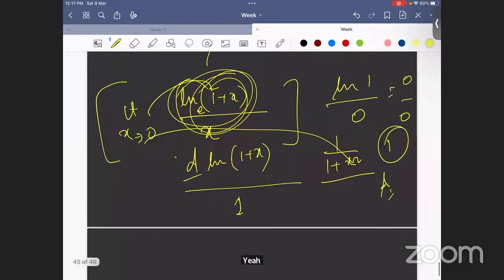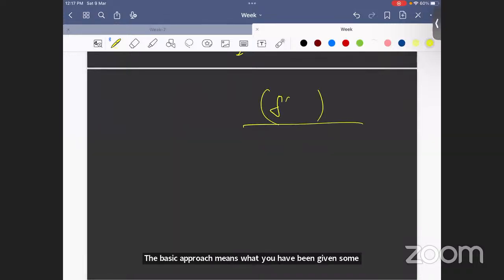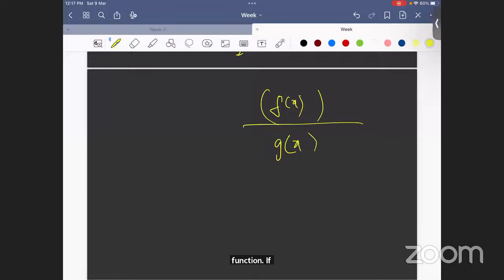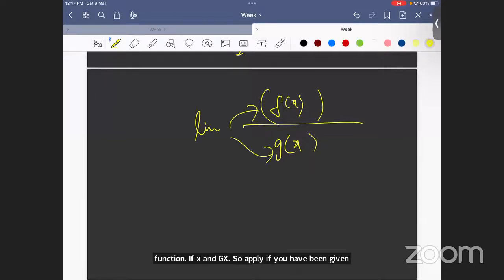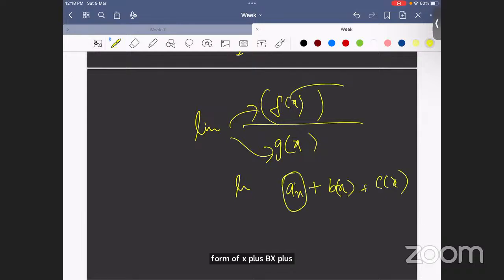The basic approach means what? You have been given some functions f(x) and g(x). If you have been given a limit, apply the limit in both cases, limit of f(x), limit of g(x). If it is a combination of two different arithmetic operations, say f(x) is in the form ax plus bx plus cx, you apply the limit on all these cases.